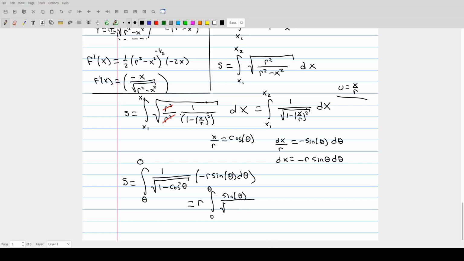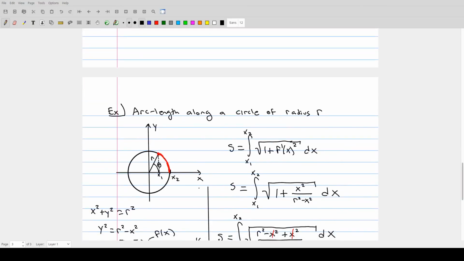So this is the square root of sine squared of theta. And this is the absolute value of sine, but in the first quadrant, where we are here, the sign is positive.